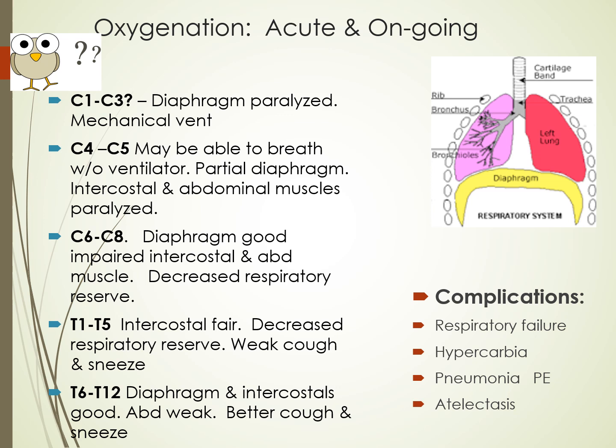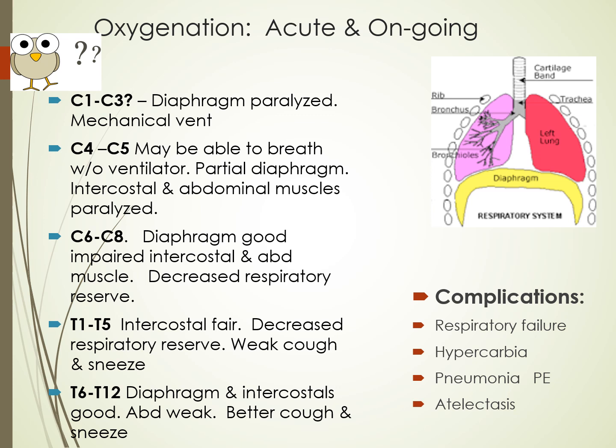Sometimes at C3 they can spend some time off the vent, but rarely. In C4 and C5, they may be able to spend some time off a vent. The diaphragm partially works, so there's some innervation there. But the intercostal and abdominal muscles, which would help expand the lungs and help with your respiratory reserve, are all paralyzed.